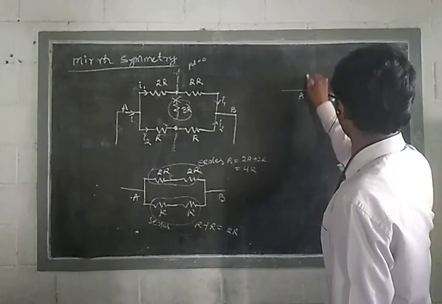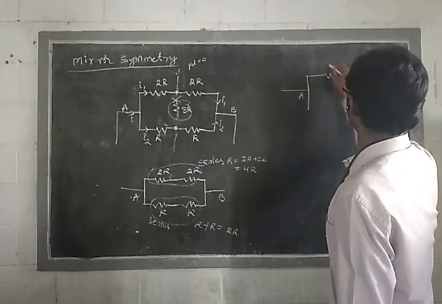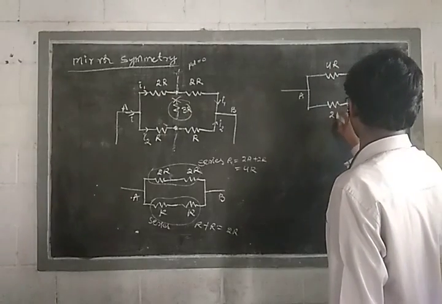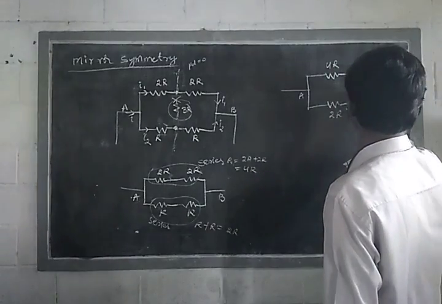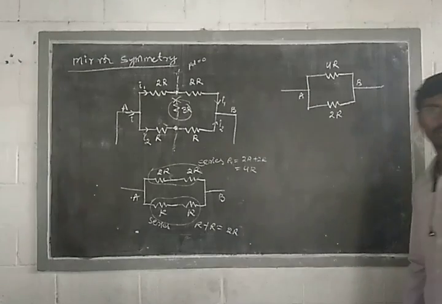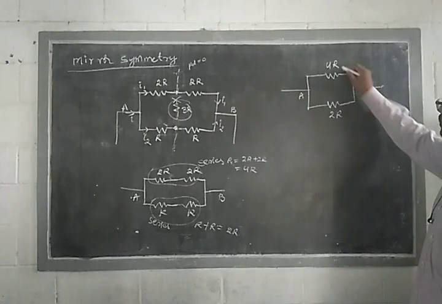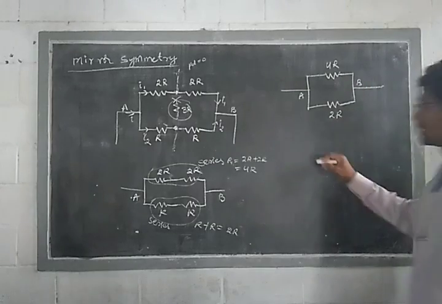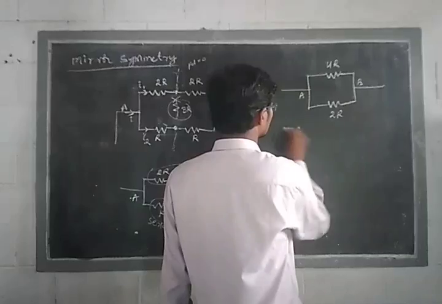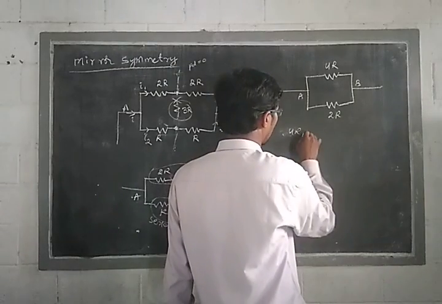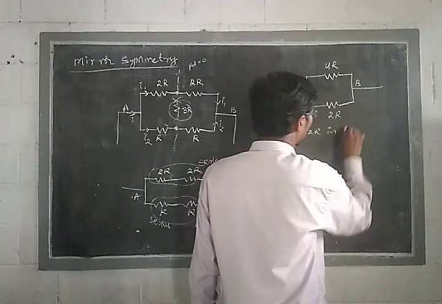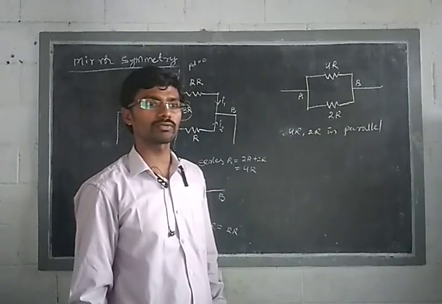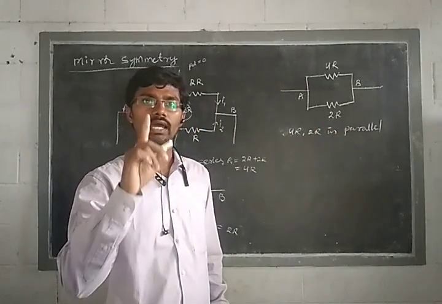Here we have A, and the resultant of this one is 4R, and this is 2R. Now it is B. So look at this one again. These 4R and 2R are in which combination? Parallel combination. In parallel combination, what is the equivalent resistance of the network? R1 R2 by R1 plus R2.